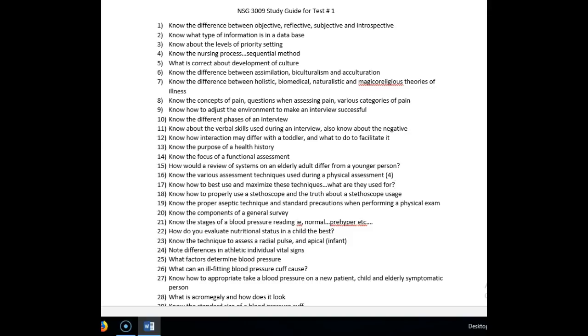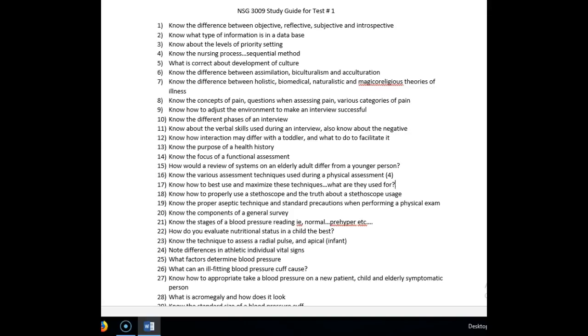Because it's a method of problem solving, that would include the A, which is assessment, the D, which is diagnosis, the O, which stands for outcome identification, P, planning, I, implementation, which means you're doing something, and then evaluation.